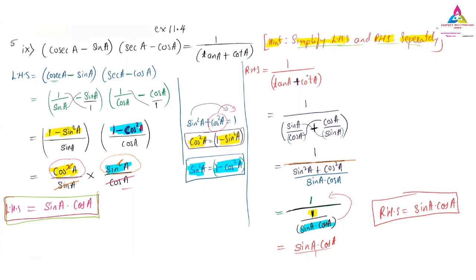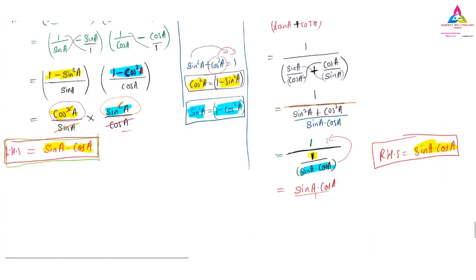Compare both: sin A into cos A here, and here also sin A into cos A. Both are the same. So the left hand side and right hand side are equal. Therefore left hand side is equal to right hand side. Hence proved. You can write that as the last sentence.